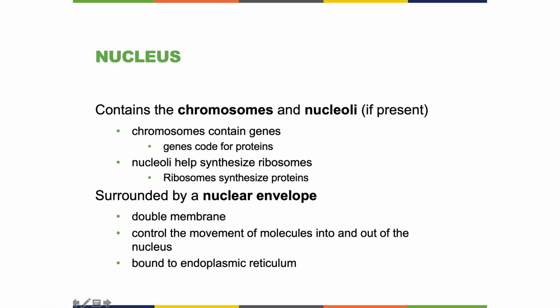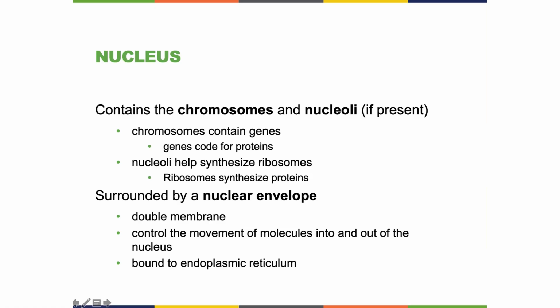So this is the big part of what the nucleus does: it stores the chromosomes, keeps them secret, keeps them safe. If I was Gandalf, that's what I would say. The nucleus has a nuclear envelope that's a double membrane, and it has pores that open directly into the endoplasmic reticulum.